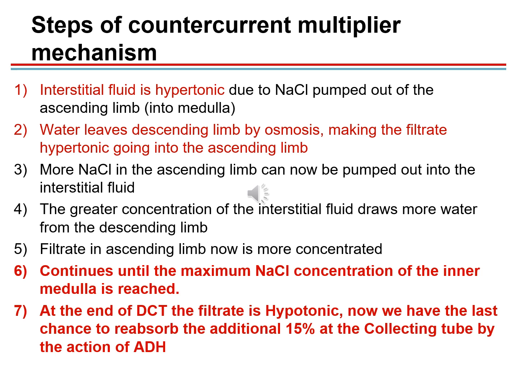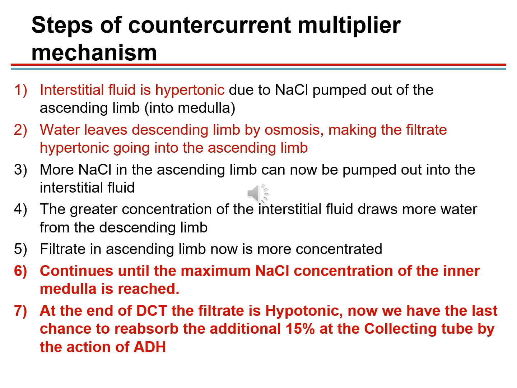Now, following that high concentration of the medulla, water leaves the descending limb by osmosis. So the movement of water from the descending limb into the medulla is driven just by osmosis. Molecules move towards the higher concentration of solutes, and in this case the higher concentration of solutes is in the medulla.